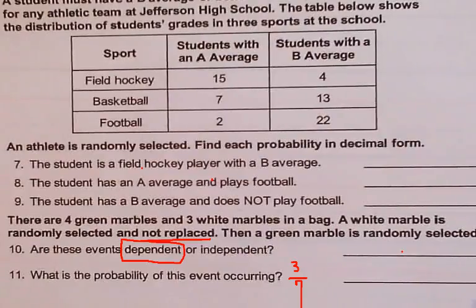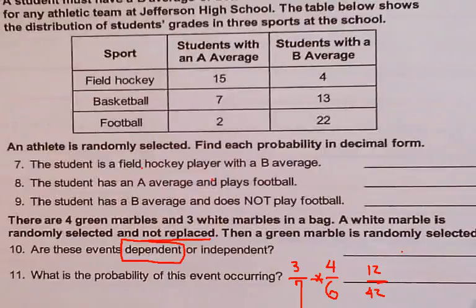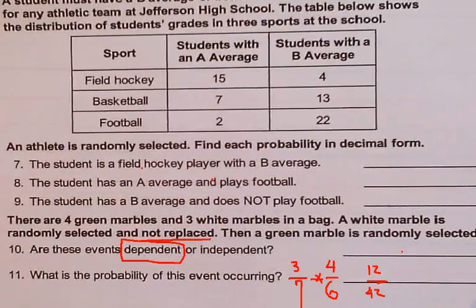Now, if I hold on to that white marble, there's only 6 marbles in the bag, and 4 of them are green. So the chances of me getting a green one is better. So that's 12 chances out of 42, which is 0.286, so that would be 28.6%.